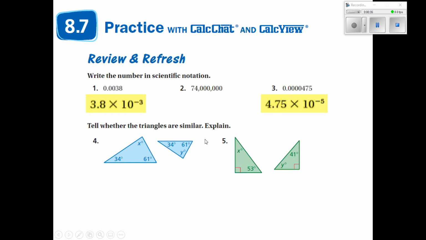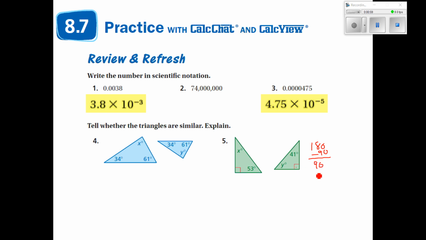Next is to tell whether triangles are similar. Number 5 says that I've got 41 and a right triangle. This one's 53 and a right triangle. To solve this, I'm going to take 180, which is the measure of all angles in a triangle. I'm going to minus 90 for that 90-degree angle here. That's going to leave me 90.